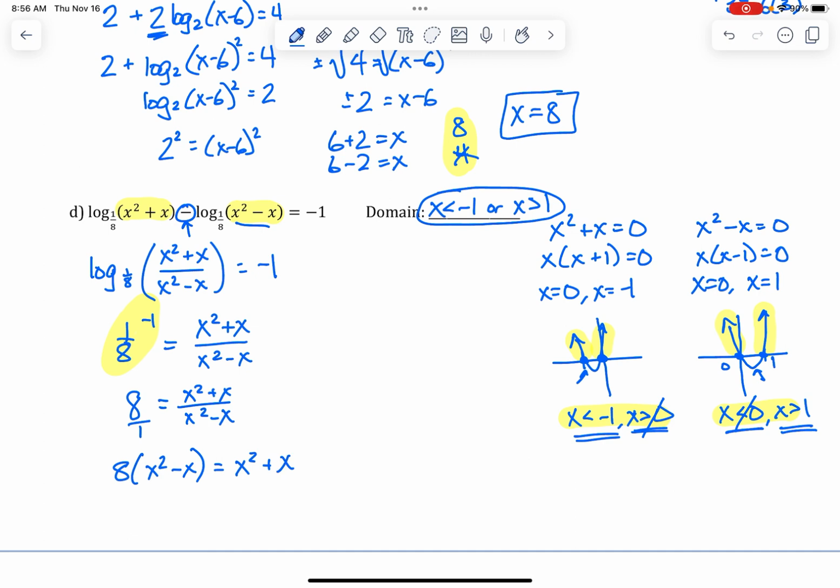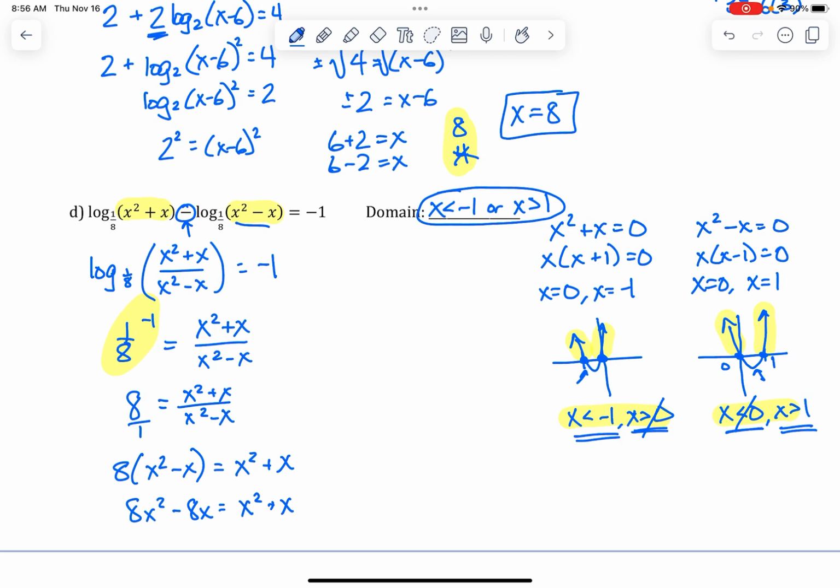And at this point, you're just solving a quadratic. It's kind of nice because things will cancel a little bit and it'll be easy to factor. But we're taking basically your properties of logs and then ultimately adding some kind of algebraic quadratic solving methods. Okay, so we distribute just like we would in any scenario and solve for x.